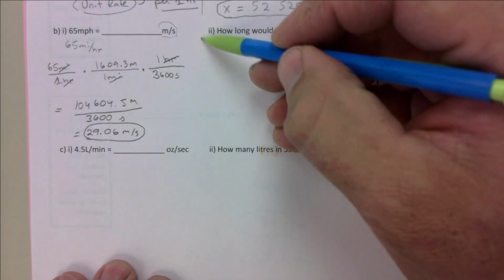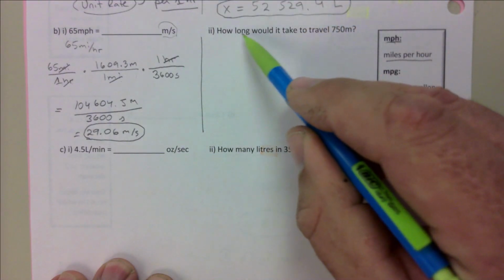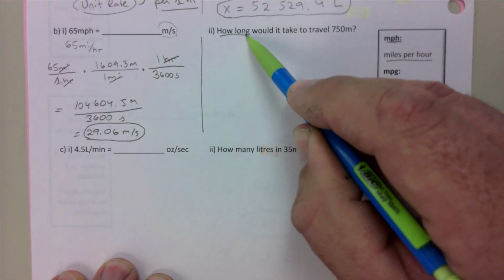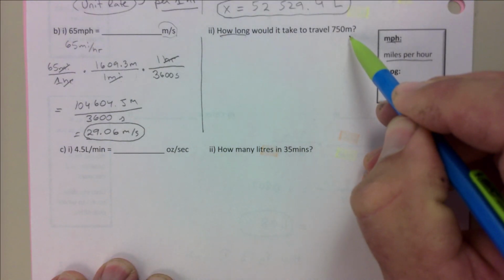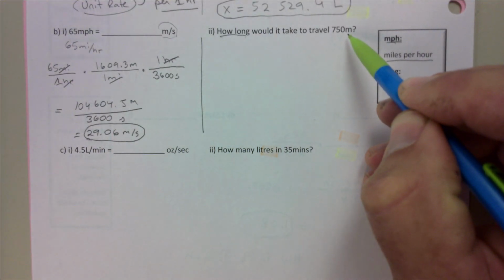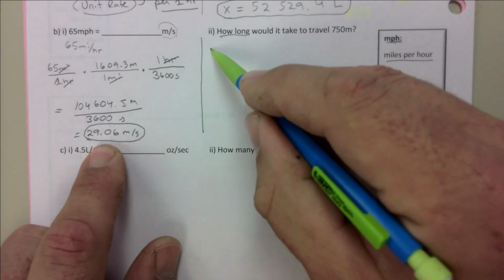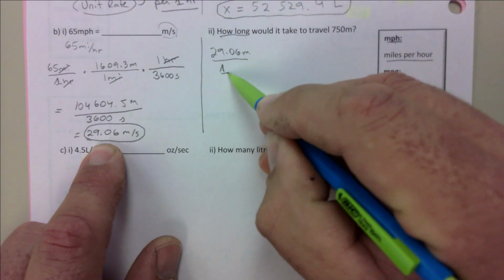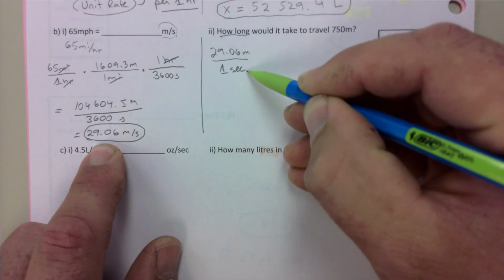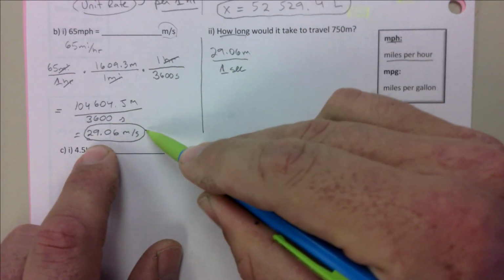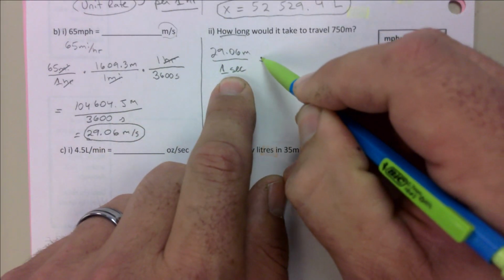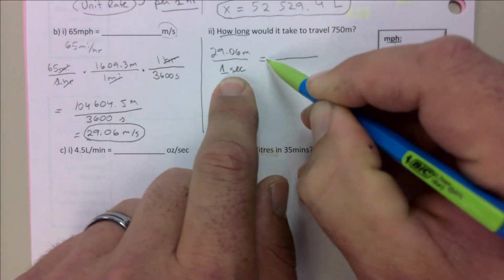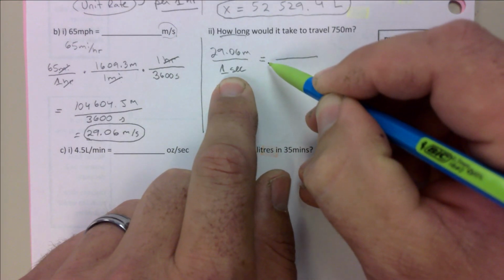Okay, let's do the second part. How long, it's asking for time, would it take to travel 750 meters? We're not converting, okay? We're just going to use this and say, hey, you can even write seconds, that's fine. I'm just using this, setting it up, and when you have an equal sign in between, you got to match the units.